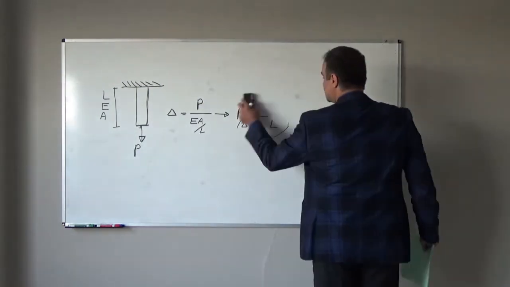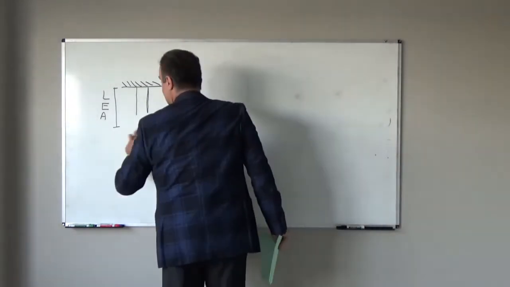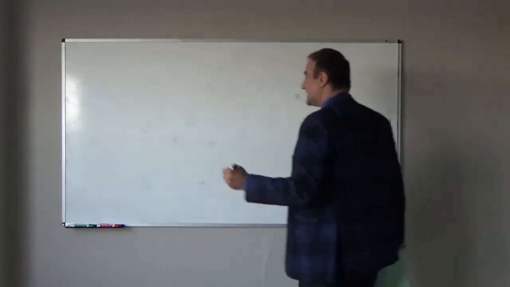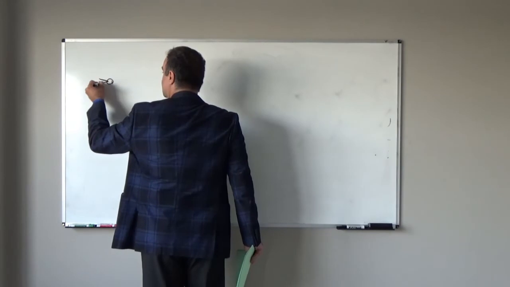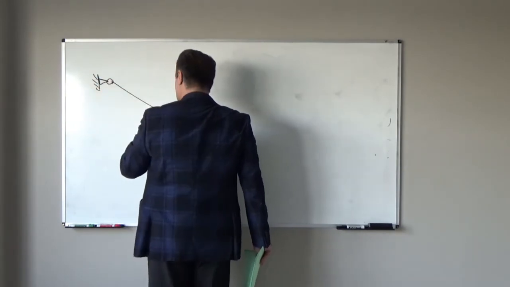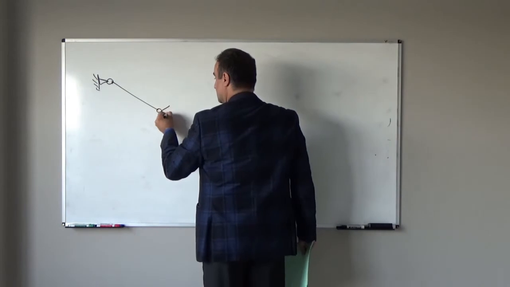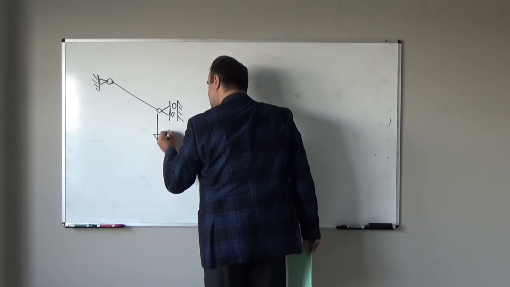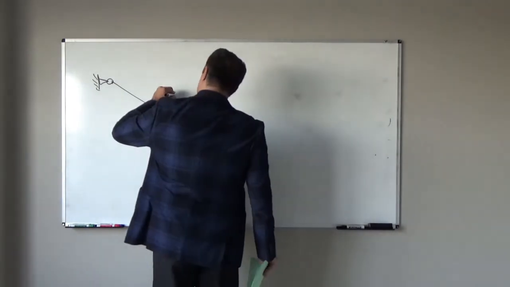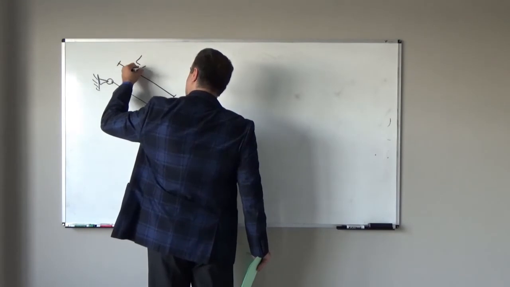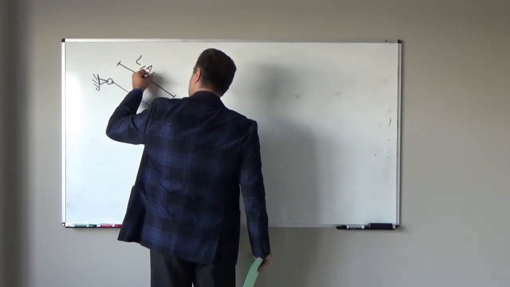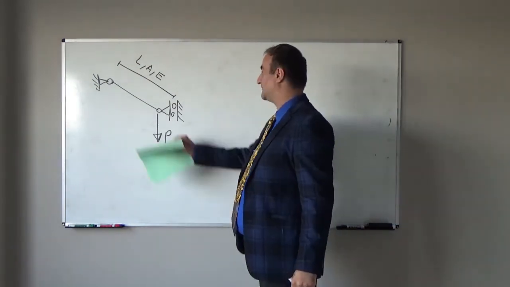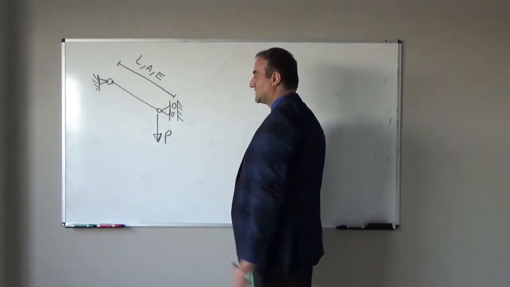Let's look at this member. If the direction of the force and the member is not the same direction, what will happen? Assume we have one diagonal or inclined member, something like this, and I apply force P here. The length of this member is L, cross-sectional area is A, Young modulus is E. What will be the deformation of this rod or bar in the vertical direction?